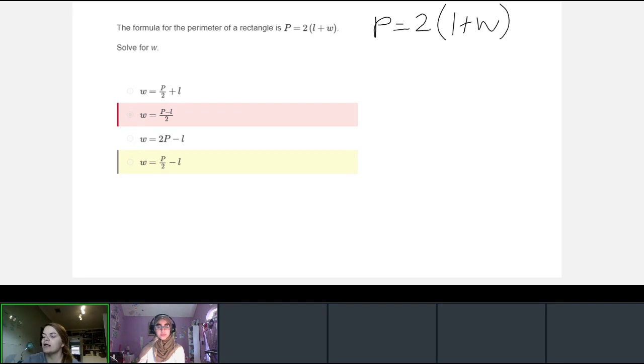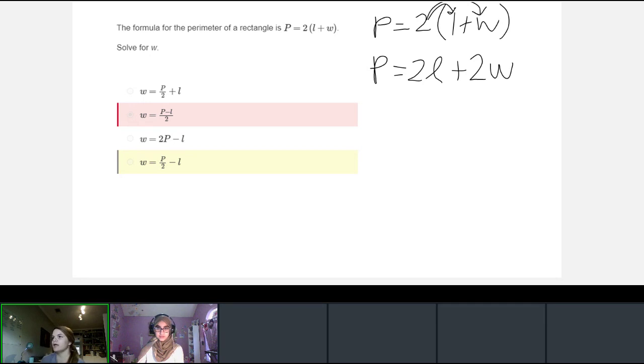We can't add length and width because they're two different things, but we want to distribute this 2. That means multiplication. So now I'm going to have P equals 2 times L, I'm going to do a cursive L so we don't get confused, plus 2 times W.